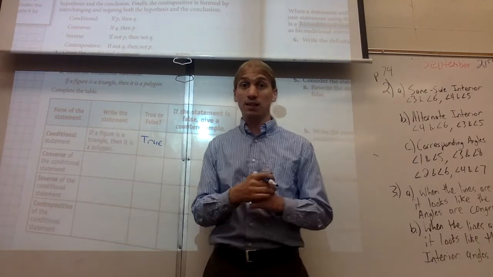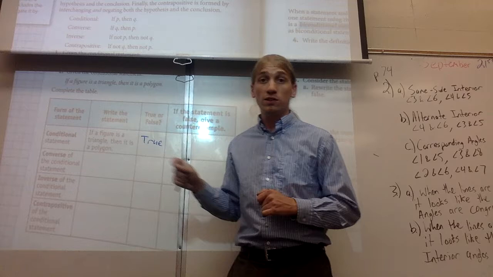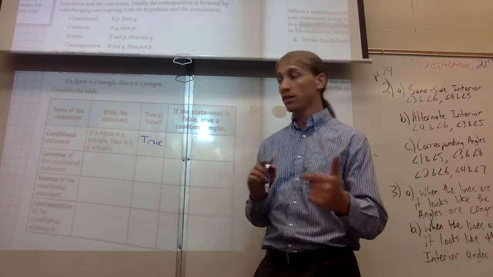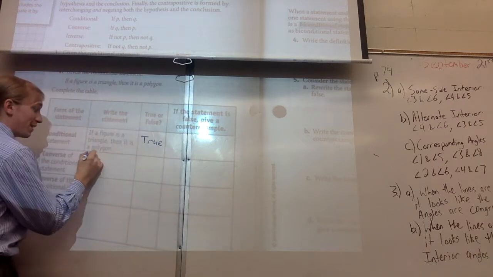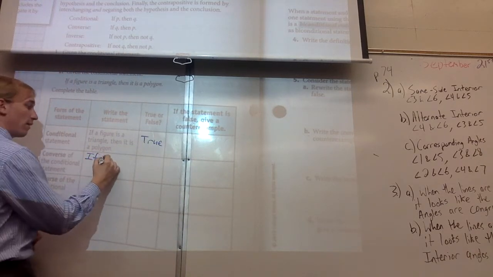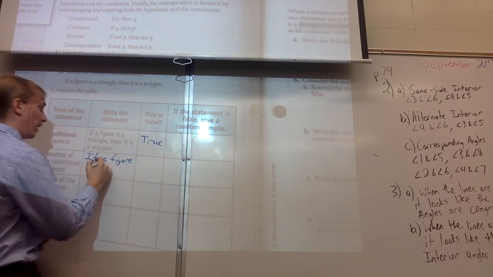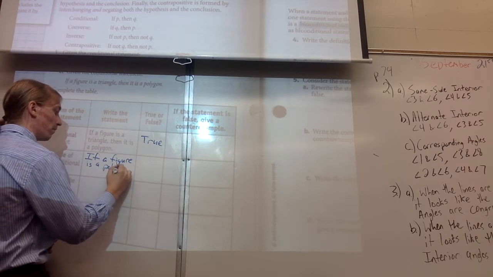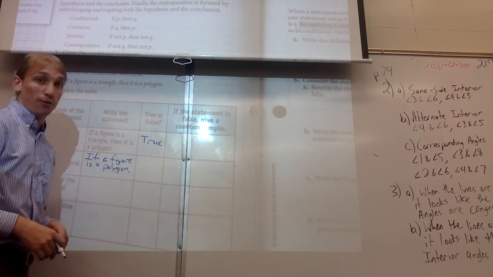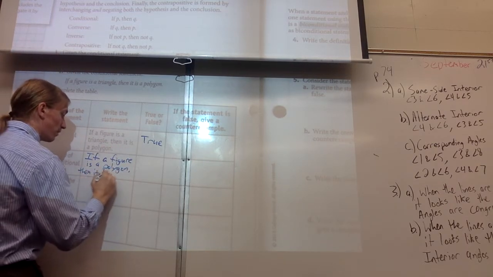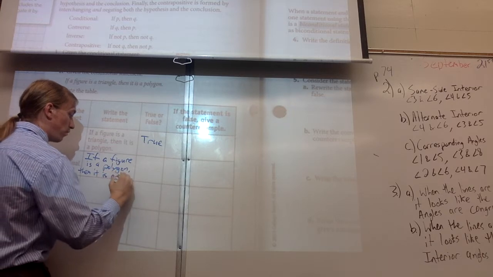The next thing it asks us to do is write the converse of this statement. So we're just going to switch the first and second part, the conditions and the conclusions. So we still start with if, but we're going to write if a figure is a polygon, that's the first half of the statement, then it is a triangle.